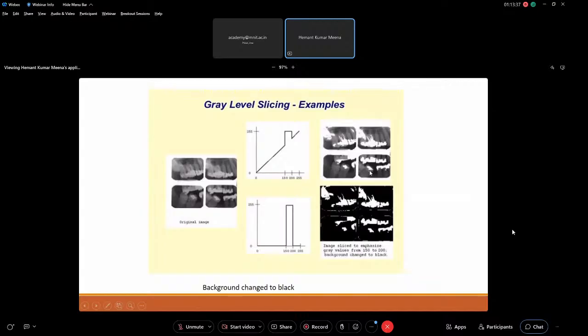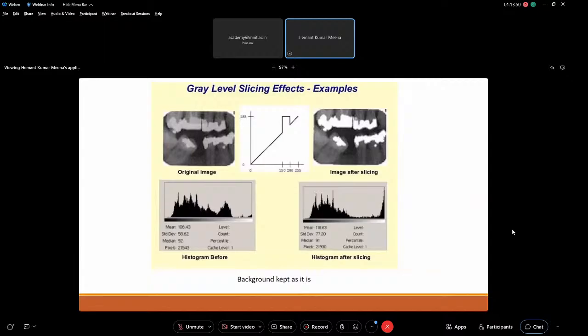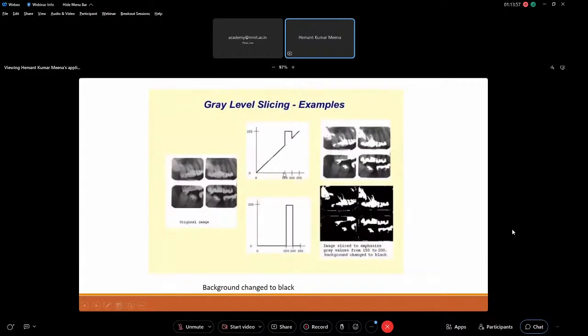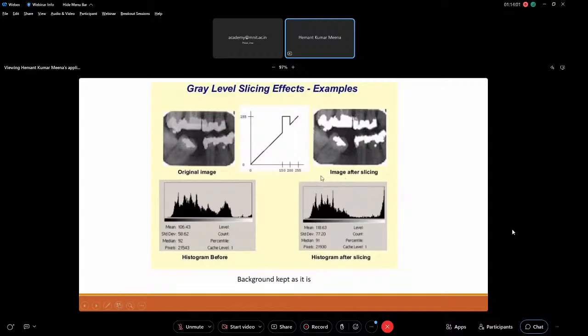This way you can see the background has been changed to black and other values have also been highlighted better. In the original image, again another example, see what the difference is here. Here the range was basically 150 to 200. Here also it is this one, and with the help of the histogram you can see here.